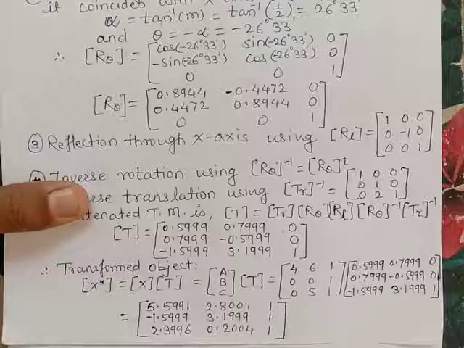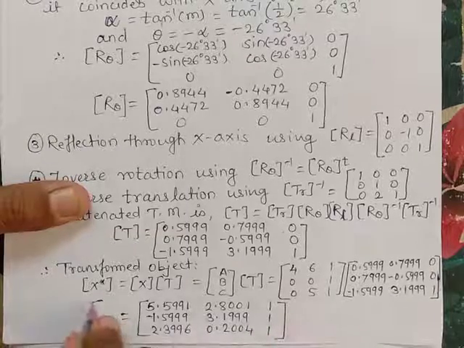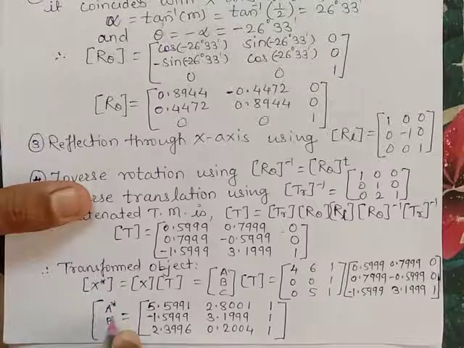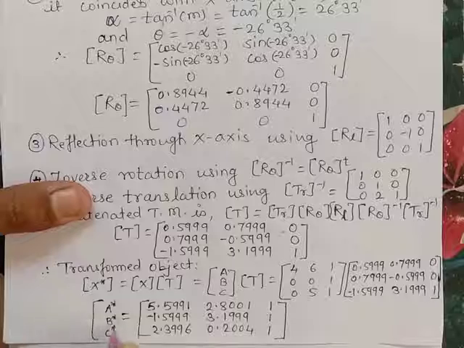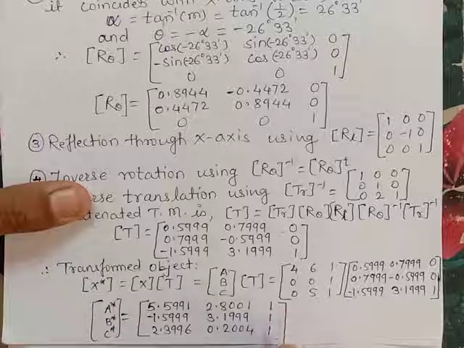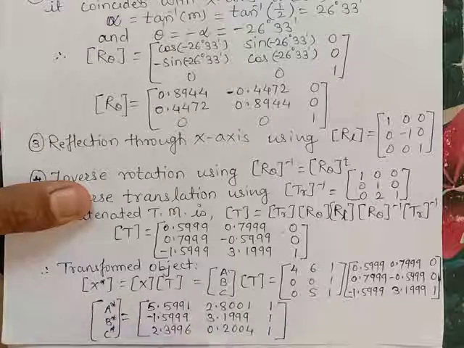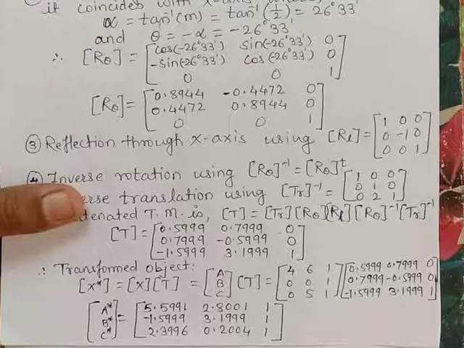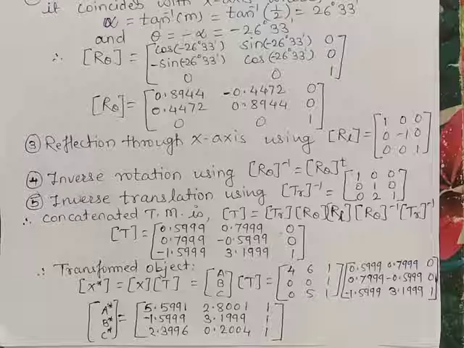This is our X star. So this X star is nothing but A star, B star, C star. Excluding the homogeneous coordinates, these are the position vectors of A star, B star, C star. So this is about the reflection through an arbitrary line.